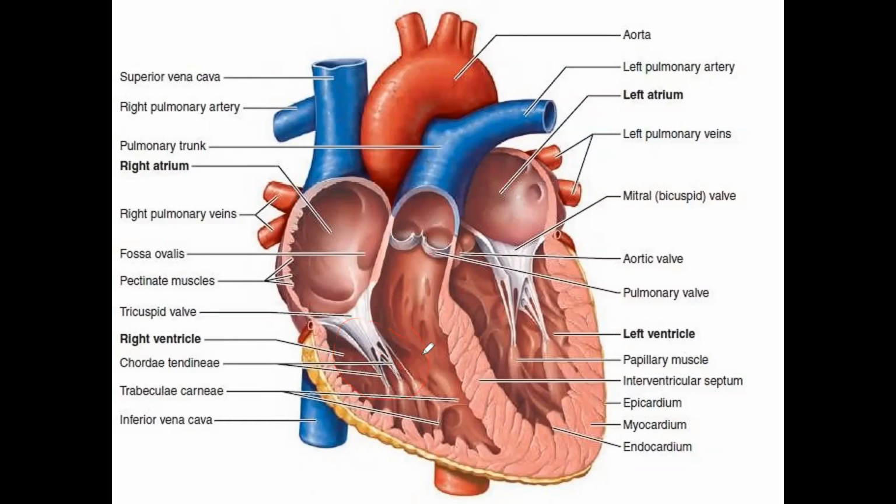So the function of the tricuspid valve is to prevent the backflow of the blood to your right atrium. So yung deoxygenated blood, once it flows through your right ventricle, this tricuspid valve will close. So it will not allow the backflow of blood papunta again doon sa right atrium.